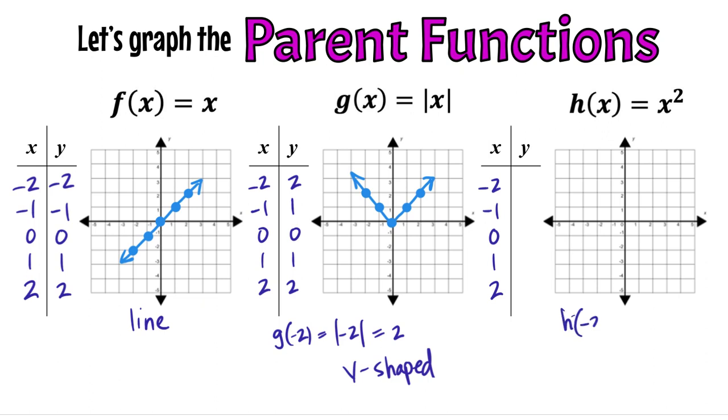So when we have h of -2, that equals the quantity -2 squared, which is going to be a positive 4. So -2 squared is positive 4. -1 squared is going to be -1 times -1, which is positive 1. 0 squared is just 0. 1 squared is 1 times 1, which is 1. 2 squared is 2 times 2, which is 4.